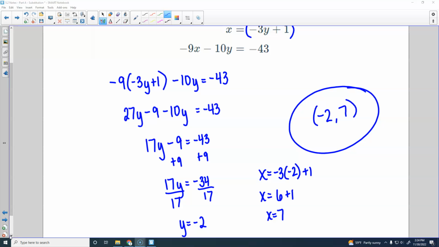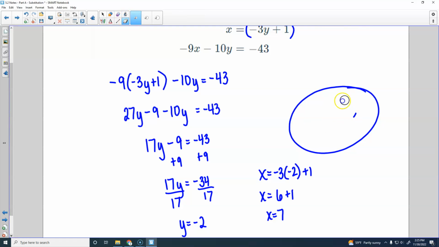Plugging in your negative 3y plus 1, you should get negative 2 for your y. And then when you plug that back in, you should get a 7. So negative 2, 7. Should it be the other way around, like 7, negative 2? Oh, it should. Thank you. I've got my points backwards.